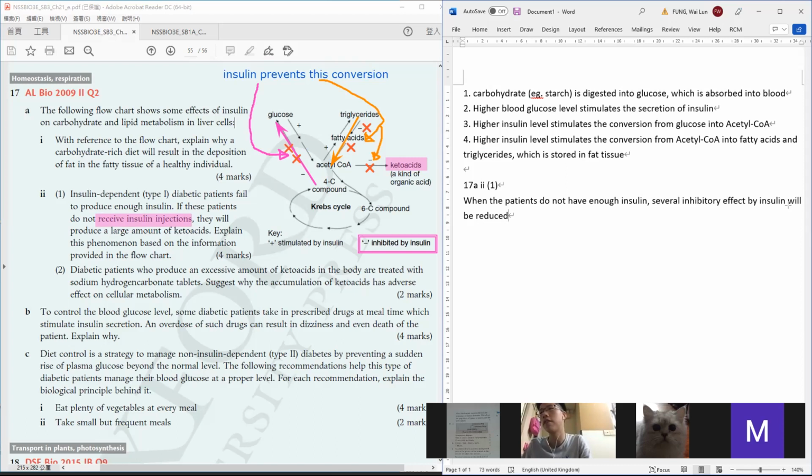Several inhibitory effects by insulin will be reduced. So what are they? What are the inhibitory effects?